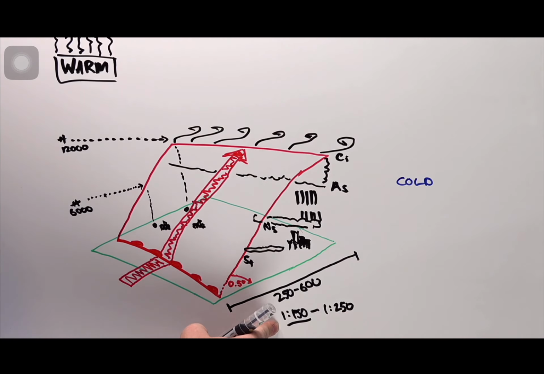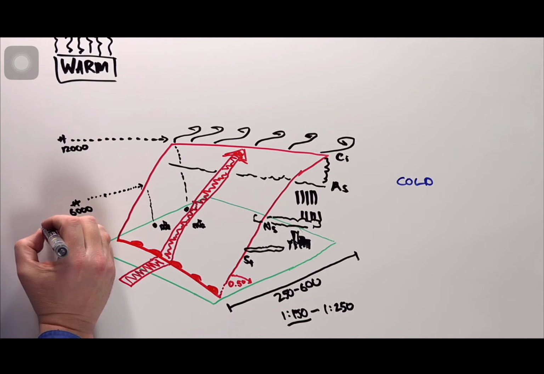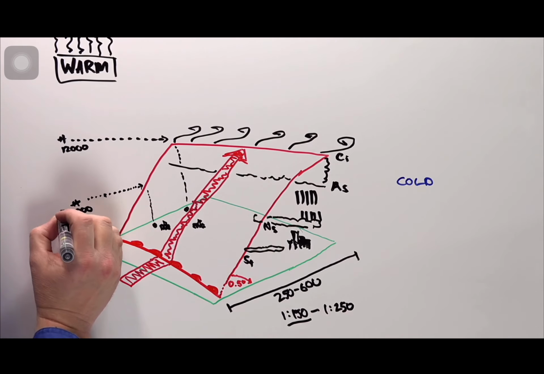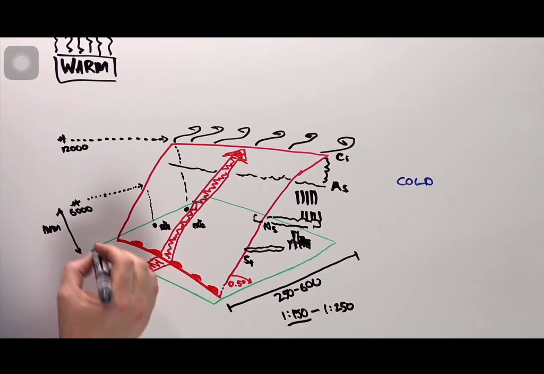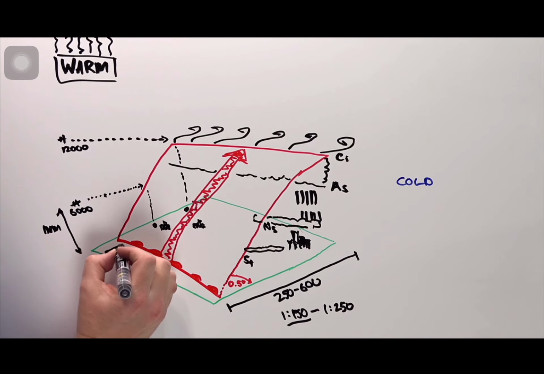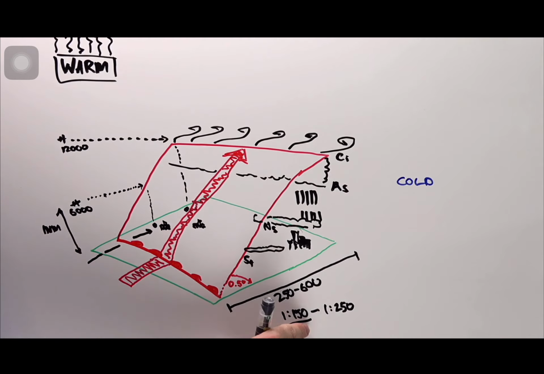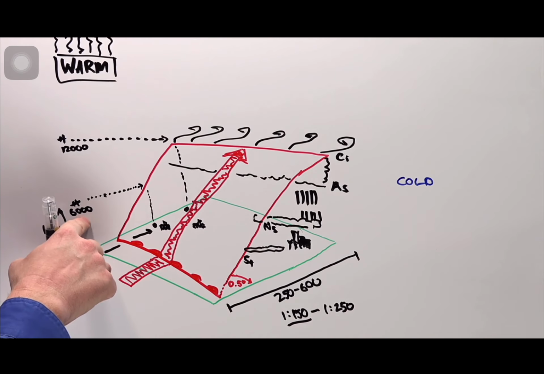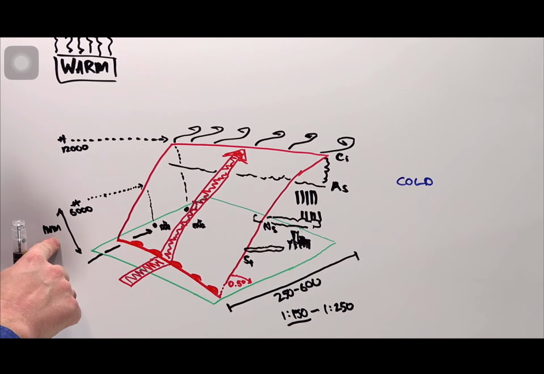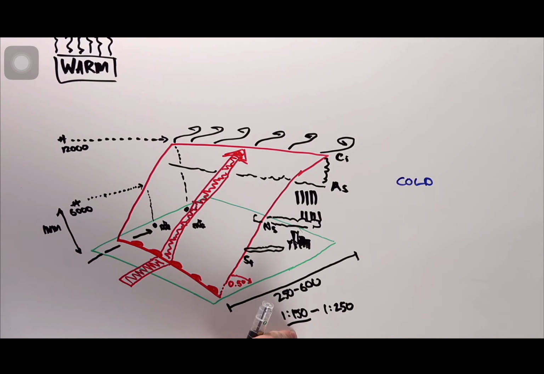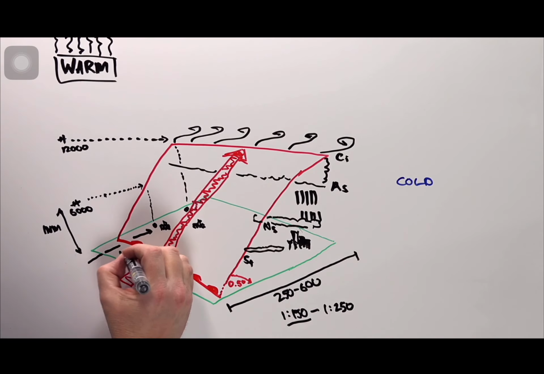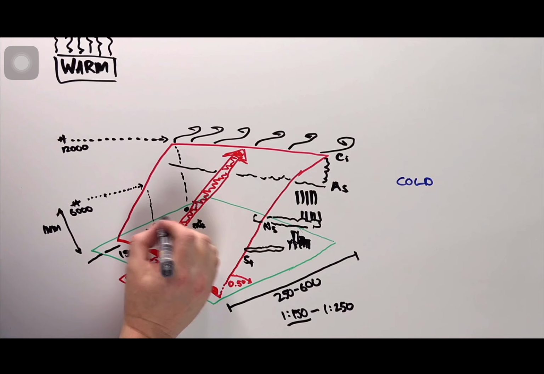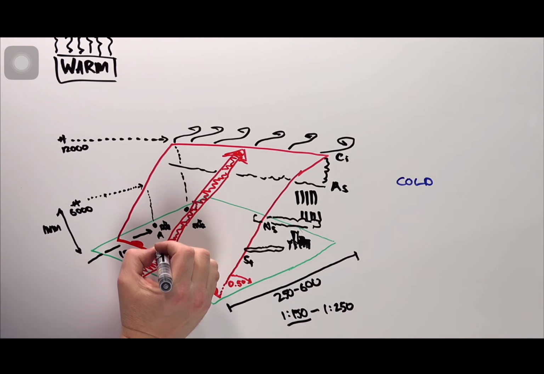So what that means is for every 1 nautical mile of height, I am going to need to travel across the ground 150 nautical miles. So in this case here, for this pilot, if I do the math, well, 6,000 feet, that's very close to exactly 1 nautical mile, a slope of 1 to 150. So that means it's going to be 150 nautical miles, so I'm going to be at town A.